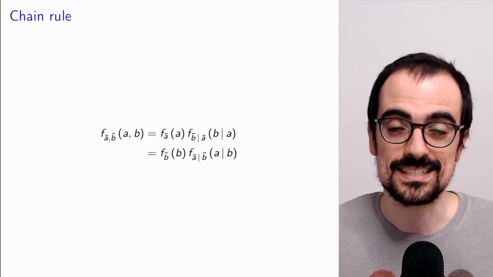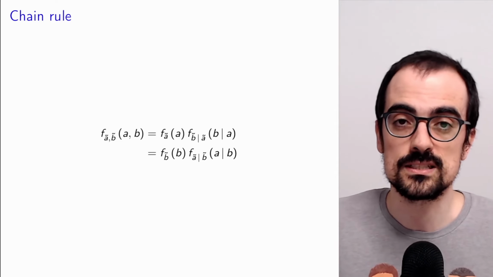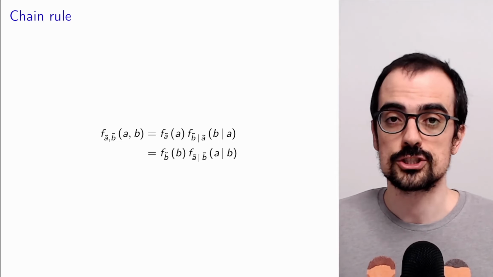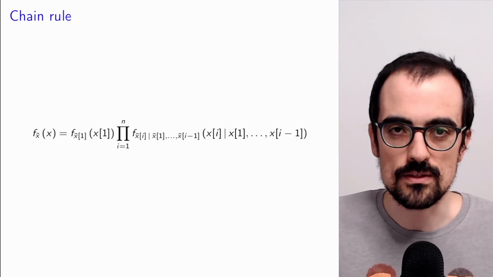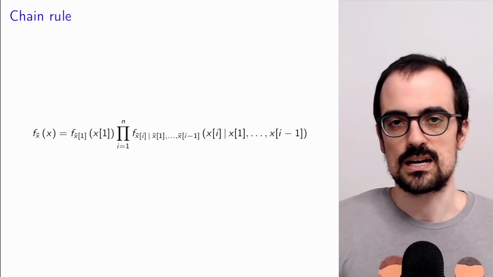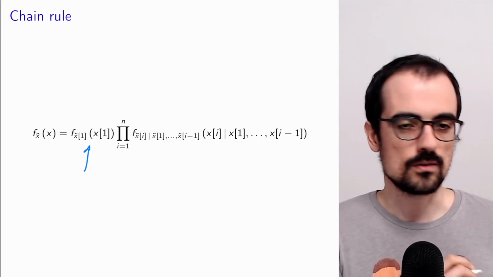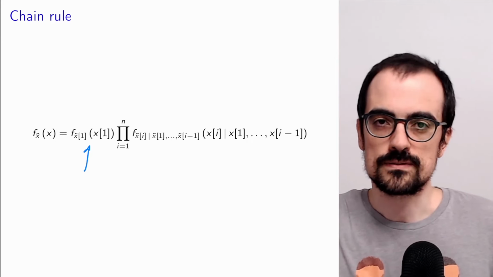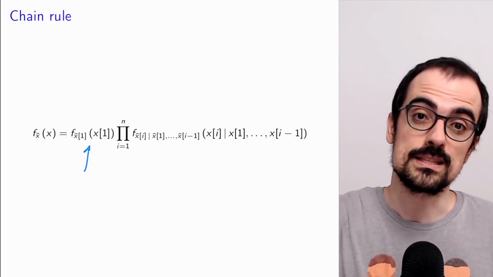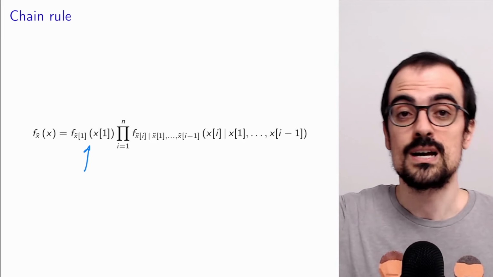This is exactly the same as the chain rule for discrete random variables, except that we're using densities instead of probability mass functions. We can do this for any number of random variables, and this is how the chain rule usually works. First, we start with the marginal of one of the entries, and then we multiply by the conditional of another entry given that one, then the conditional of a third entry given the first 2, and so on and so forth.